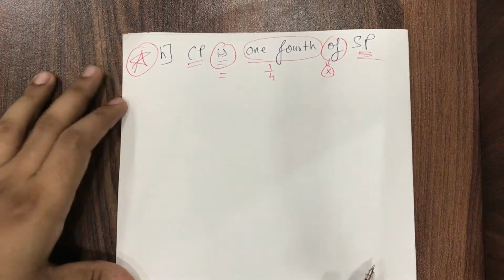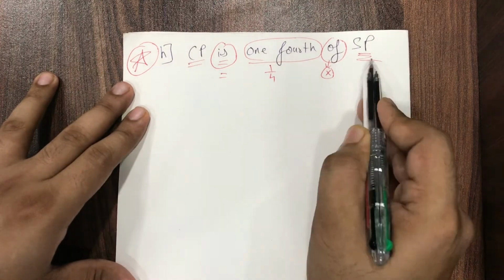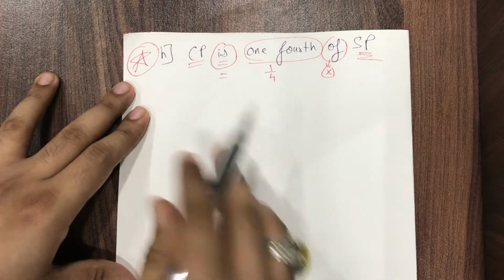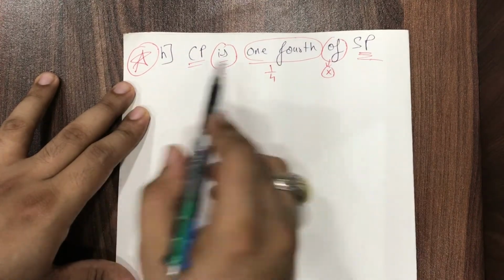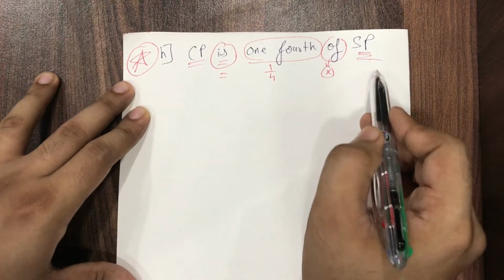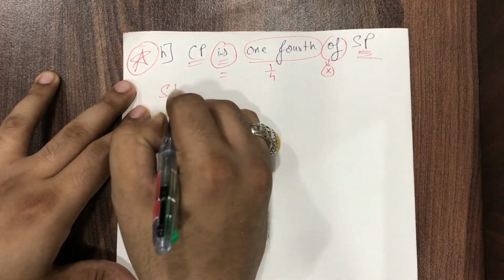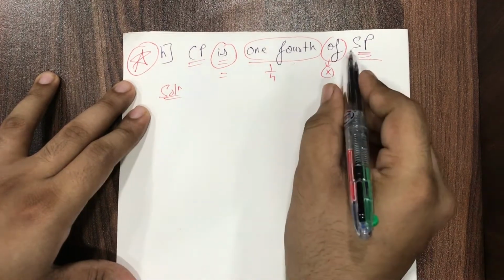Students, once again, can I say here cost price is dependent on selling price? We should assume a selling price, then only we can get cost price, because cost price is dependent on selling price. Until we know the selling price, we cannot find cost price. So in the solution we have to assume a selling price.